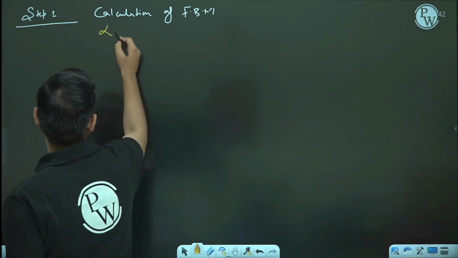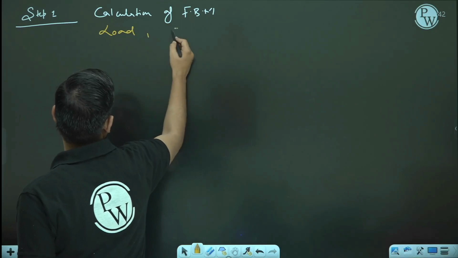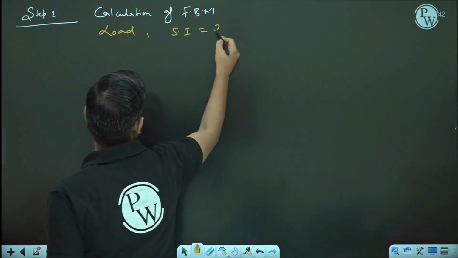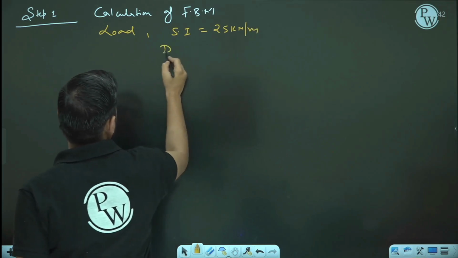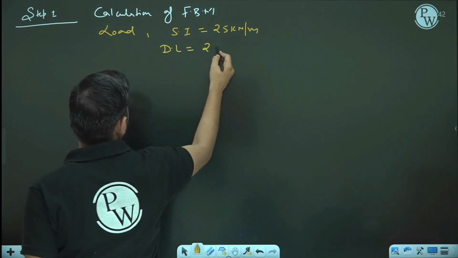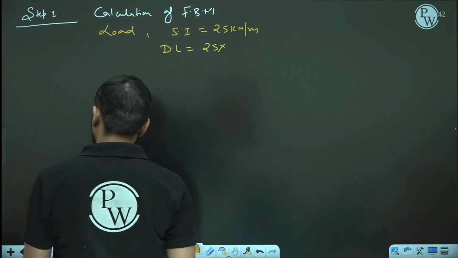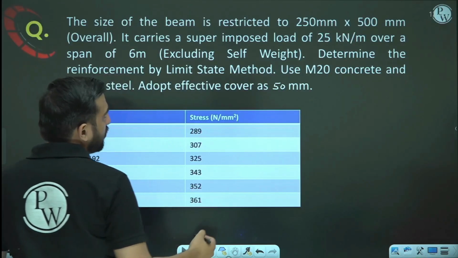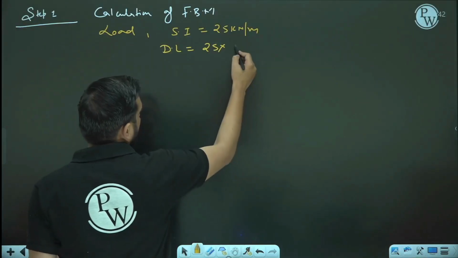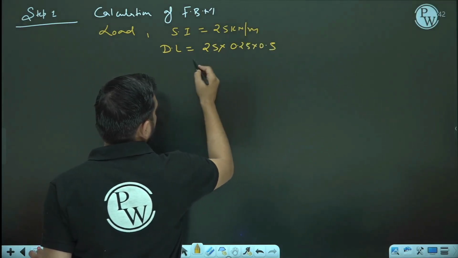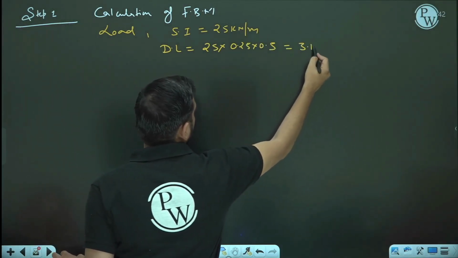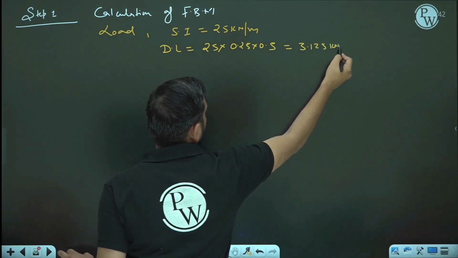Load: superimposed load is 25 kilonewton per meter, and what is the dead load? 25 is the density, and the cross section is 250 cross 500. So you will get 3.125 kilonewton per meter.